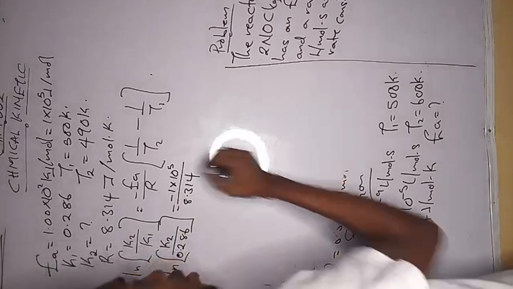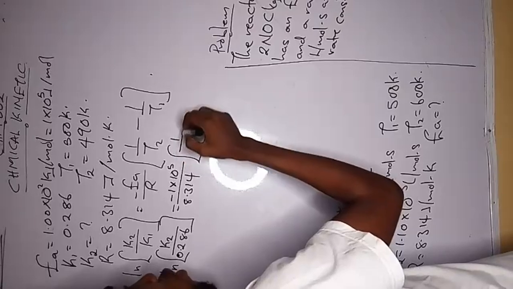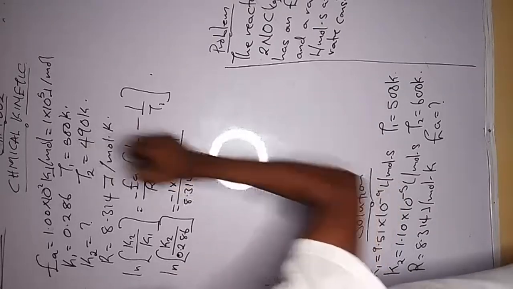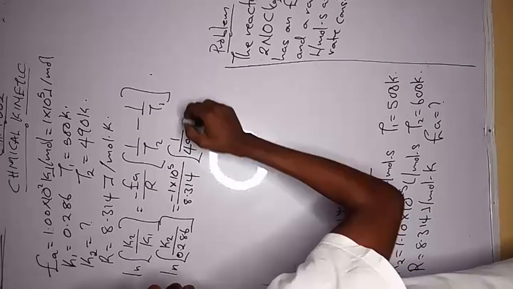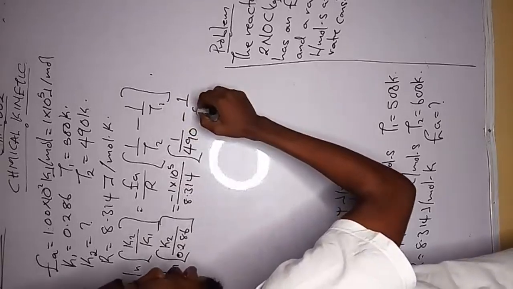Are we together? Open bracket, 1 over temperature 2, which is 490, minus 1 over temperature 1, which is 500.